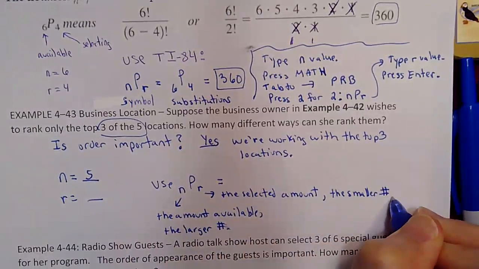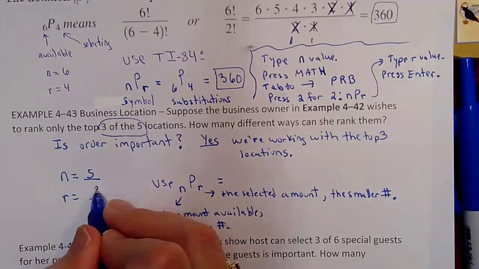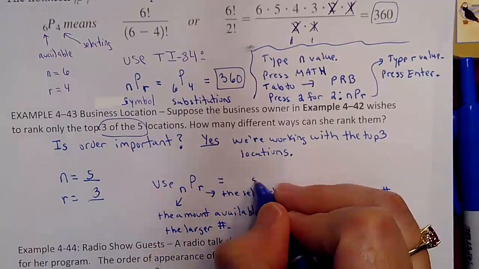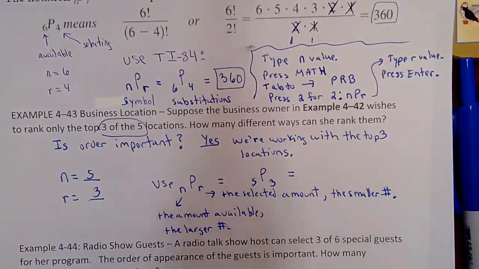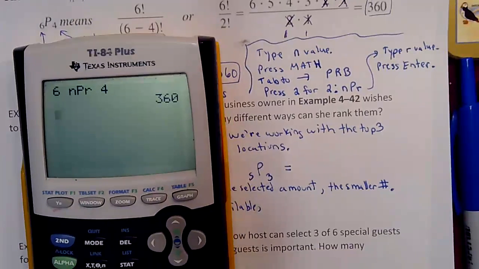So you have to choose. So N is 5, R is 3.